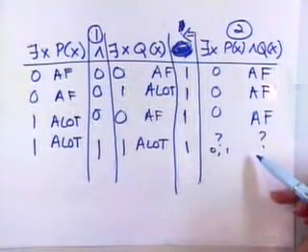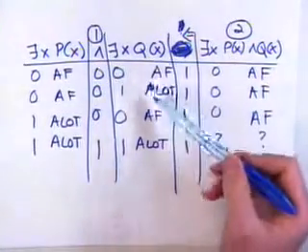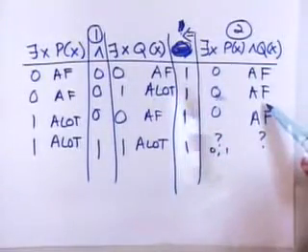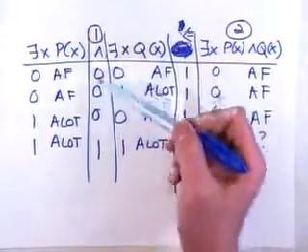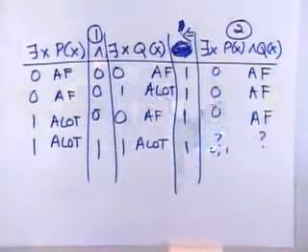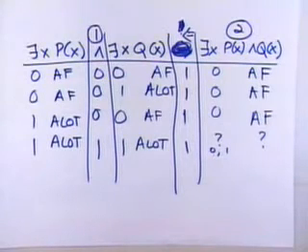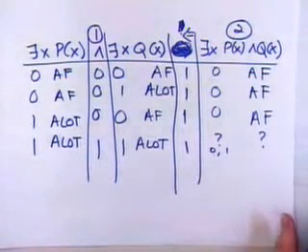Well, it might. Yeah, I would have a 1 there and a 1 there. But if you put an and there, it wouldn't be logically equivalent. But the implication would go this way.